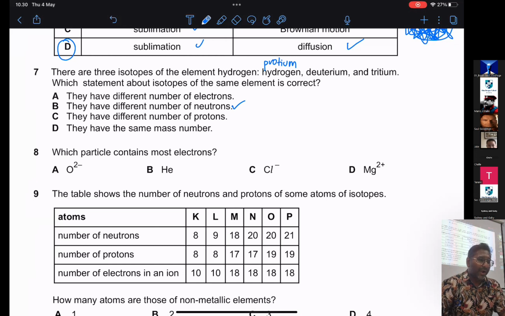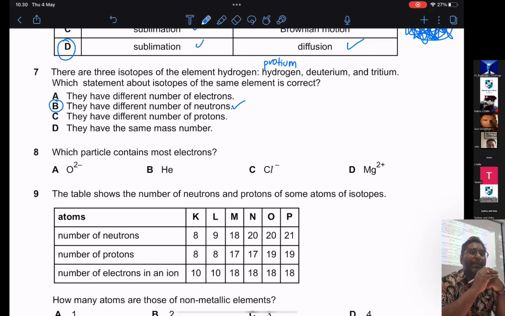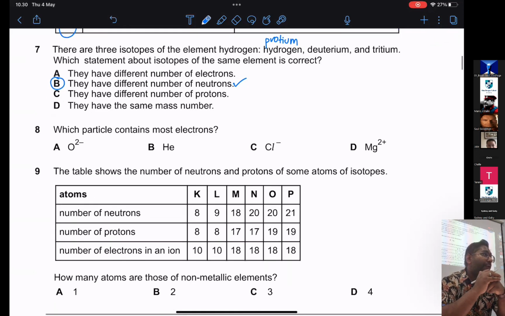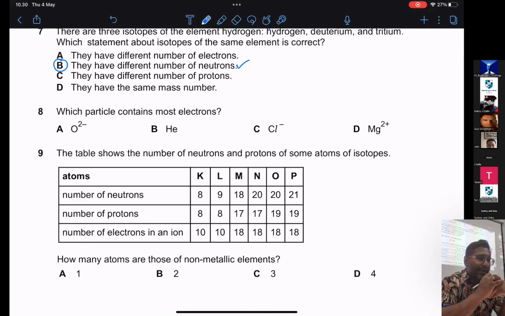Number 7, there are 3 isotopes of the element hydrogen. Actually this is wrong, they say hydrogen, deuterium and tritium. This one is known as protium. Anyway, it's okay, hydrogen, deuterium and tritium.